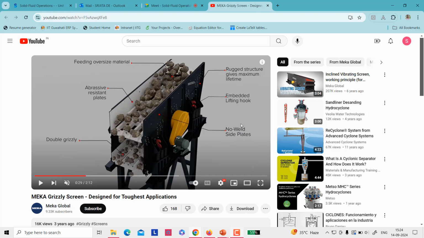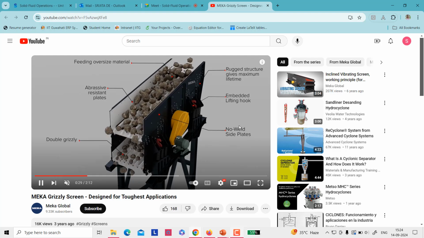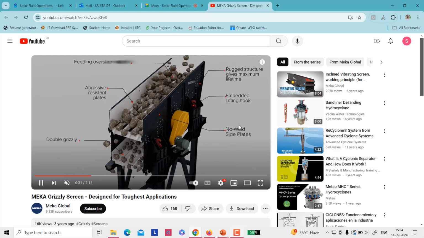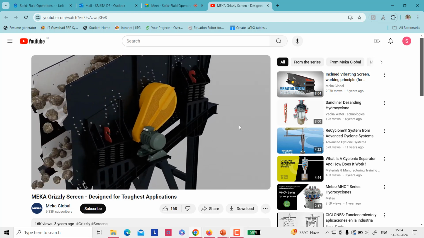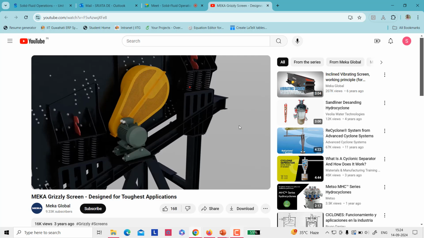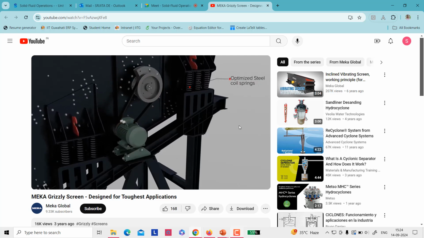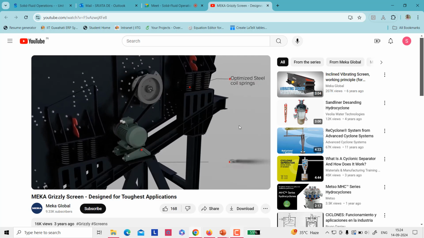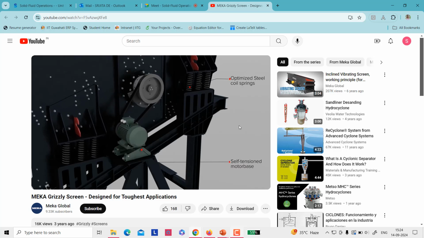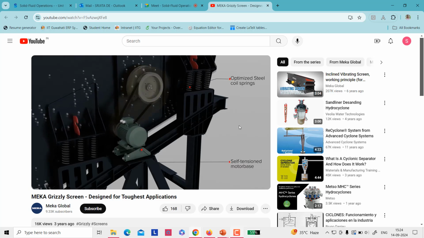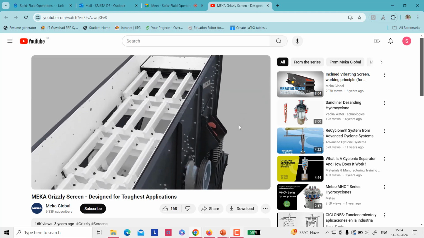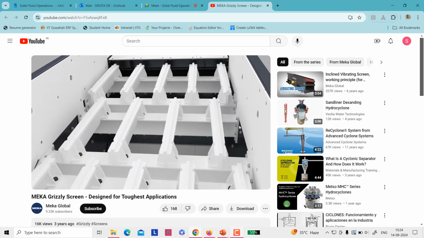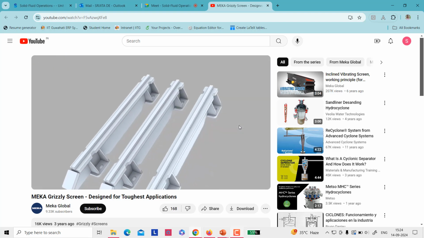This is the lifting hook, and these are the slide plates for supporting. You can see inside how these meshes are formed.